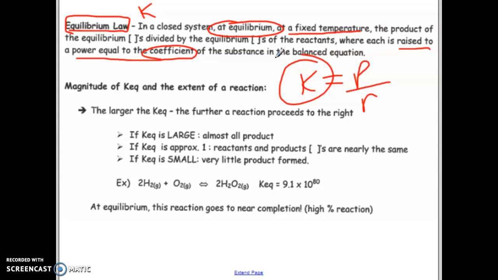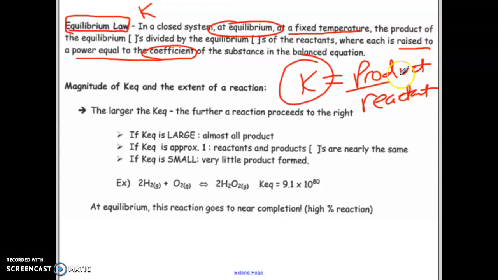So what does K tell us? What kind of information does K give us? The key there is it's products over reactants. It's always product concentration over reactant concentration. The relative value of K tells us a lot about the type of reaction we are looking at.